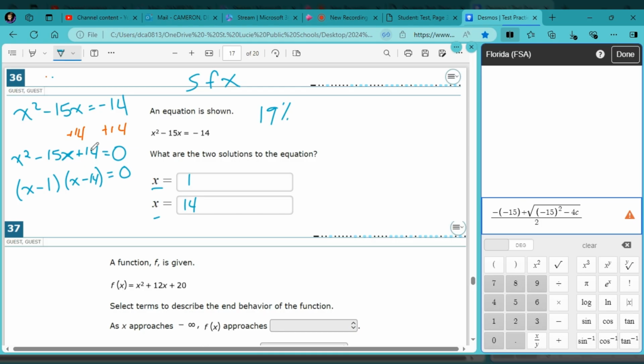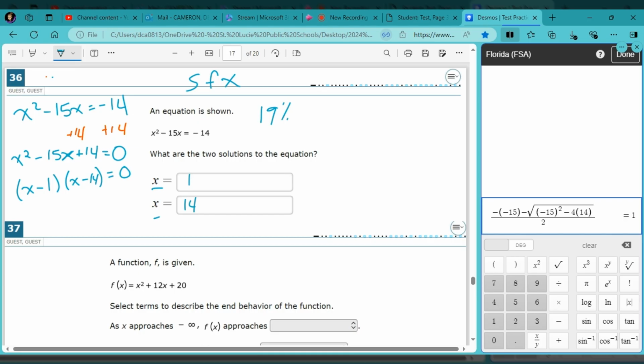And c, you have 14. And look at that. We get 14. And then if you change that plus right there to a minus, you get your other answer, 1, by using the quadratic formula.